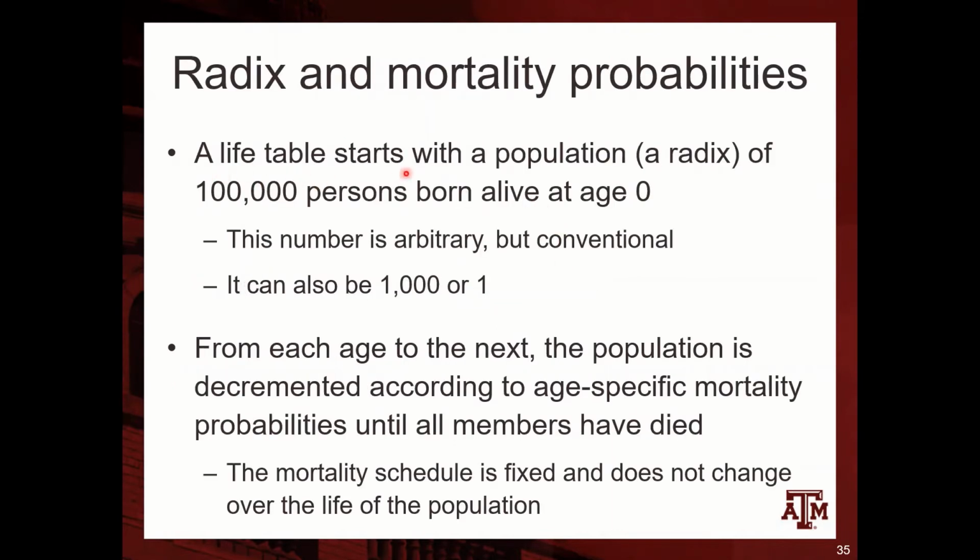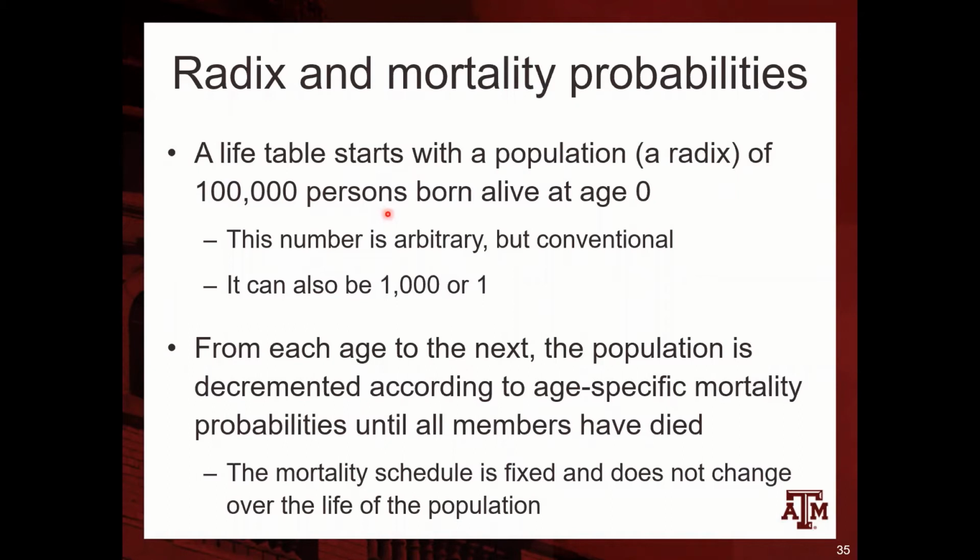A life table starts with a population. In this hypothetical population that we start with, a life table has what is called a radix. We usually say, I have the age-specific mortality rates, so for all these age groups, I have a mortality rate for each one of them, and I expose a group of people to those rates.